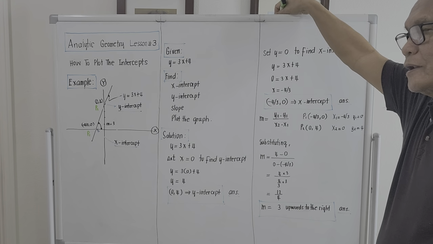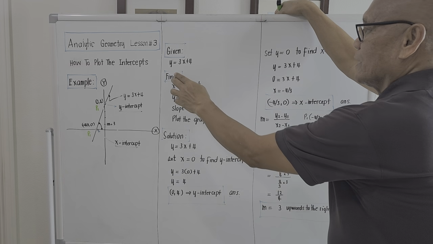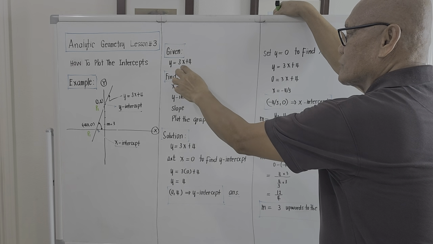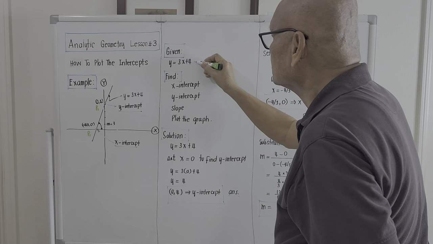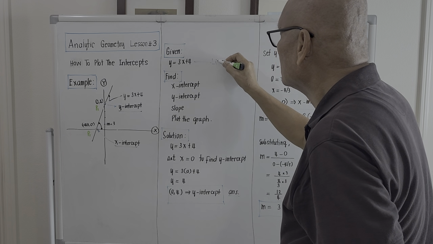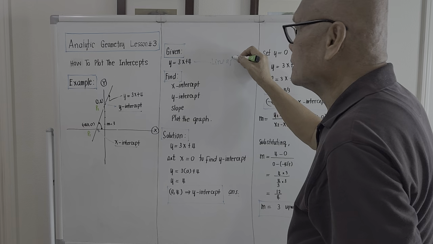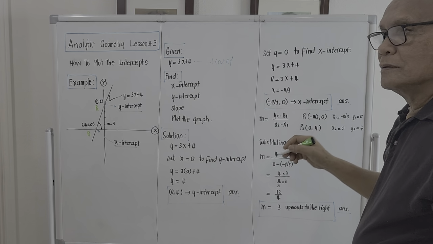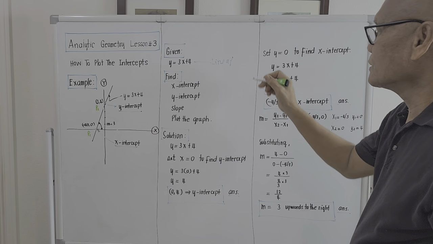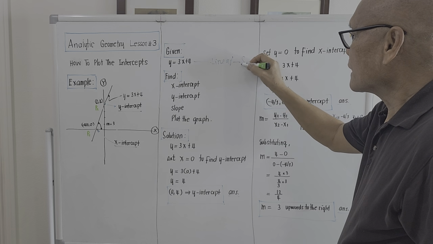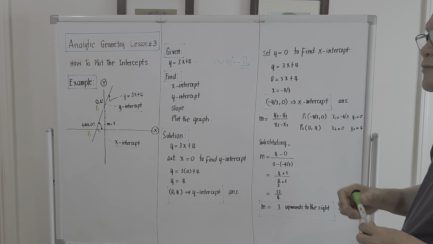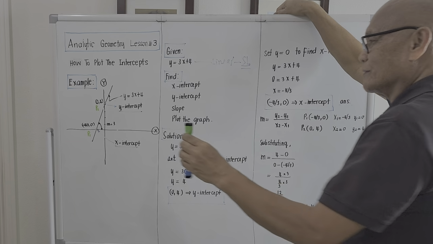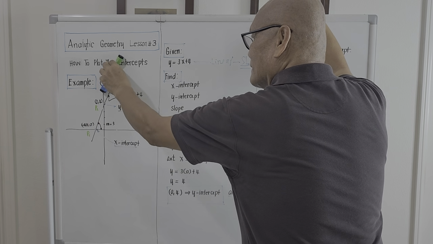It is a linear equation. The highest power of y is 1 and the highest power of x is 1, so this is linear. If it is linear, under analytic geometry, this should be a straight line. So we are to plot the graph of a straight line.